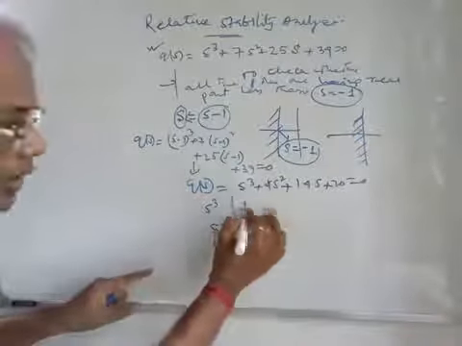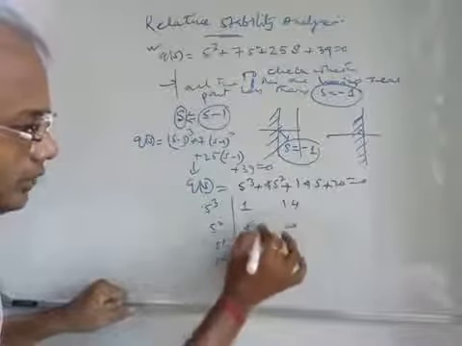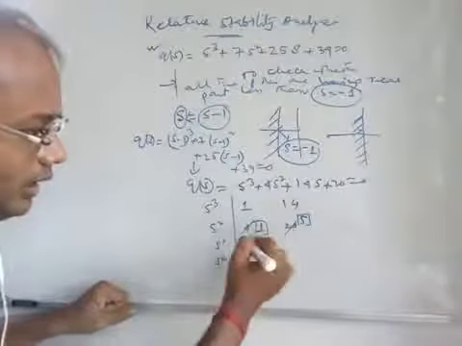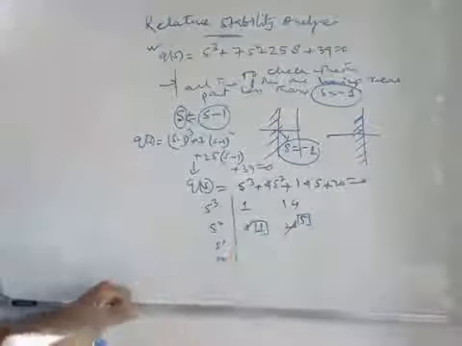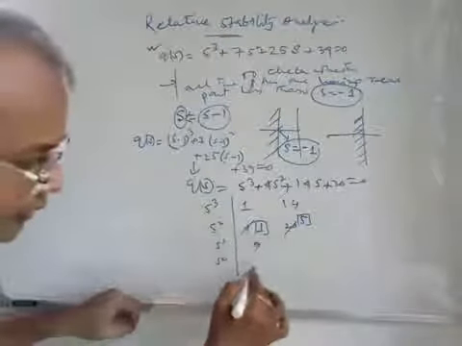This is your 1, 14, this is 4, 20, means 1, 5, and 14 minus 1 by 1, that means your 9, and you see this is 5.